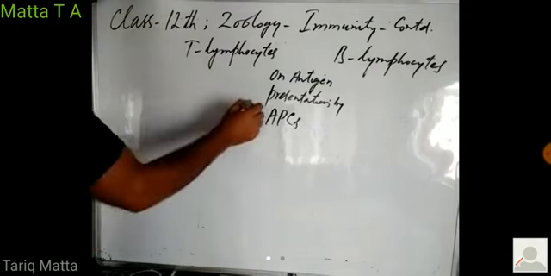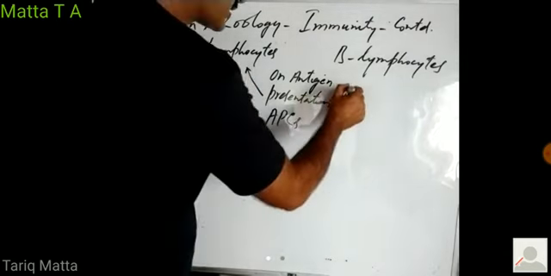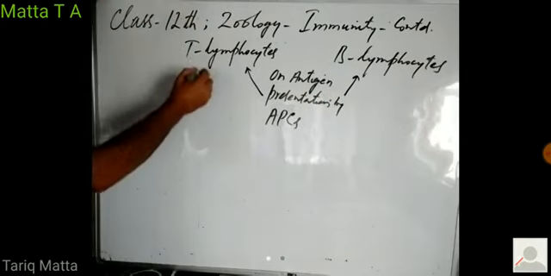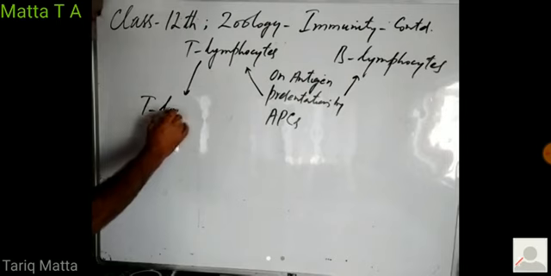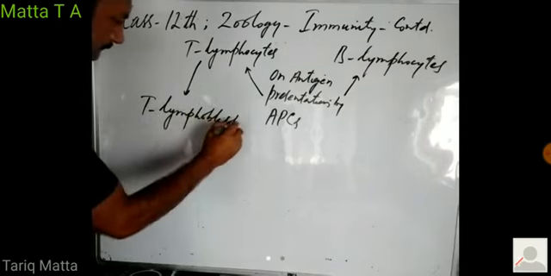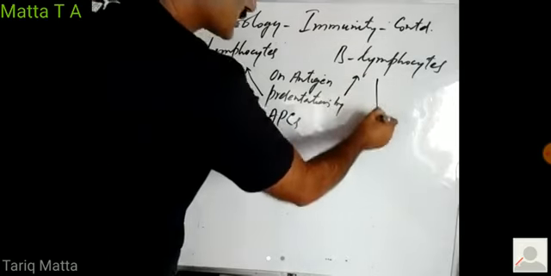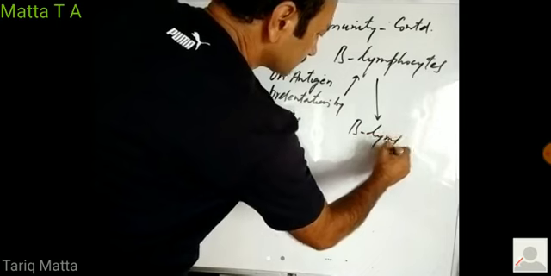So when APCs present antigens to T lymphocytes and B lymphocytes, T lymphocytes change into T lymphoblasts, and B lymphocytes change into B lymphoblasts.